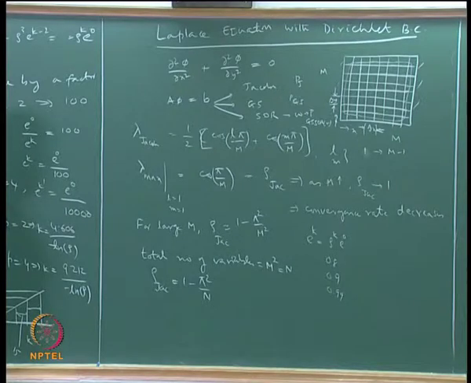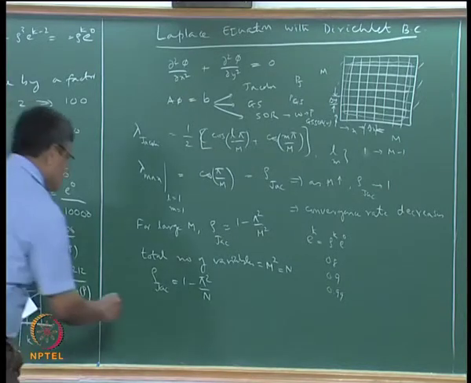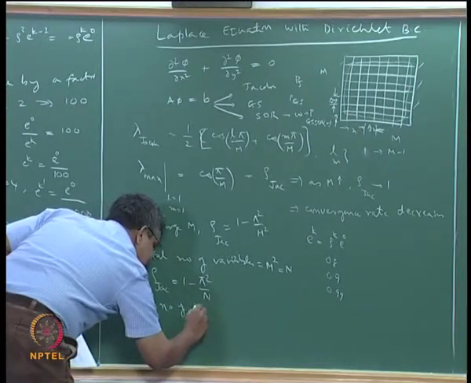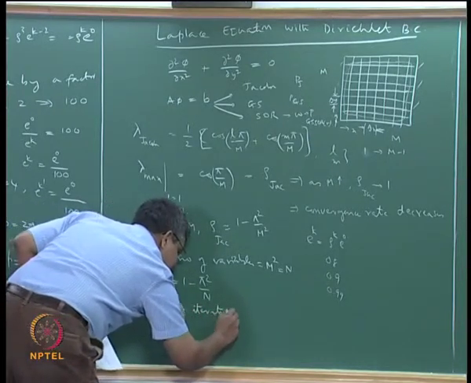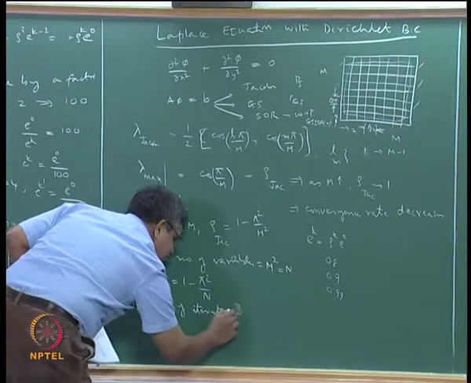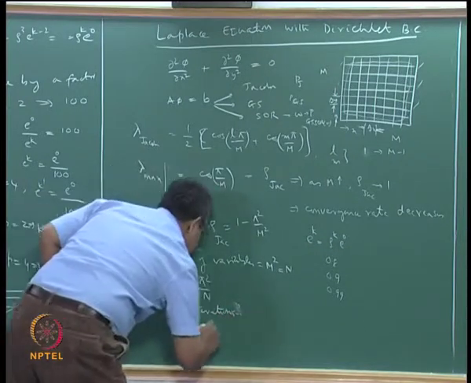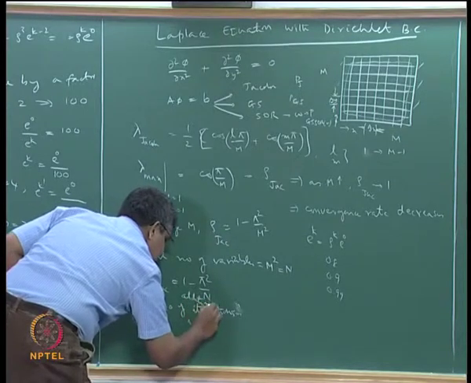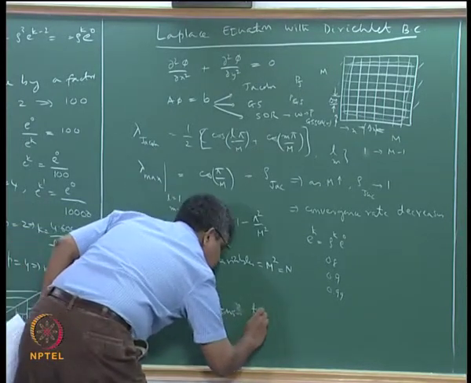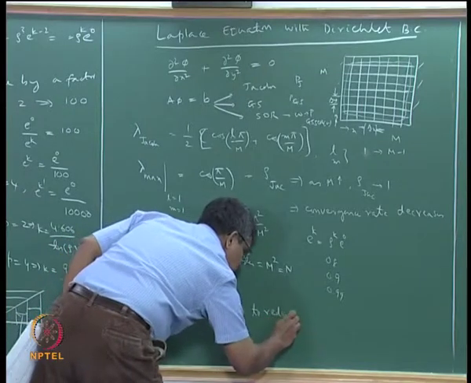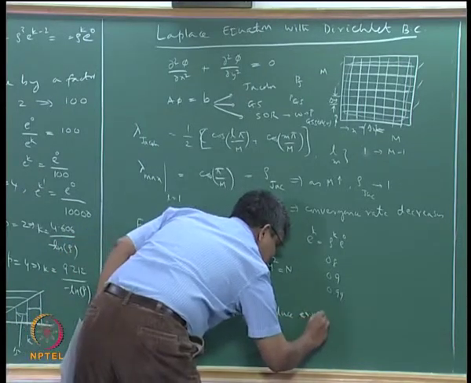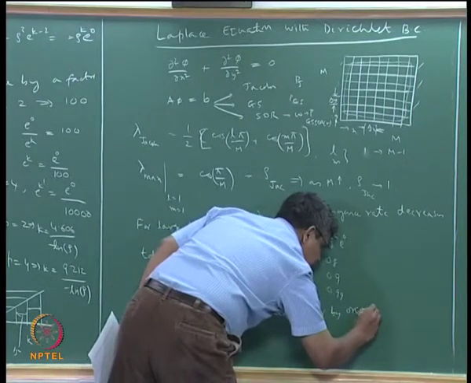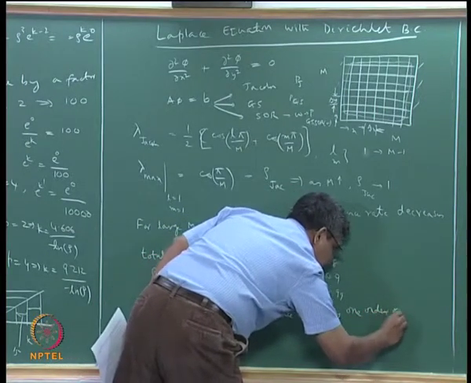Okay, so for this, the number of iterations, that is the number of additional iterations, to reduce error by 1 order of magnitude.